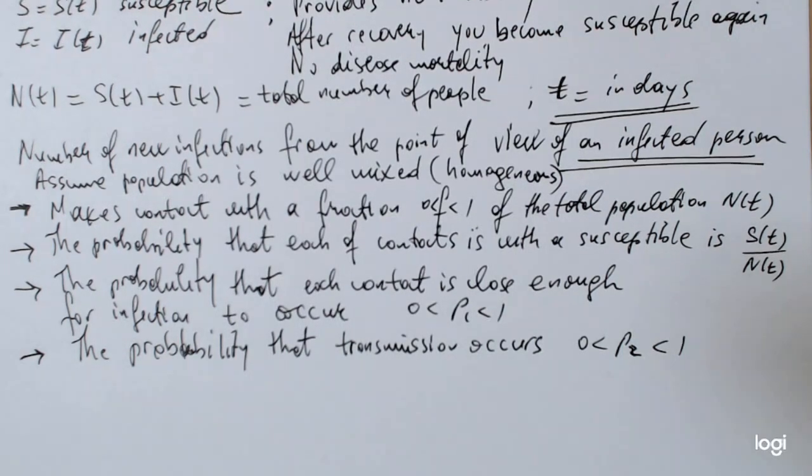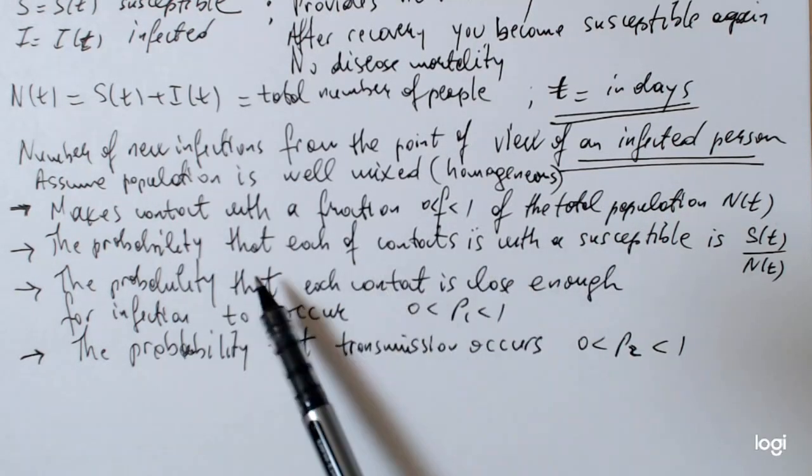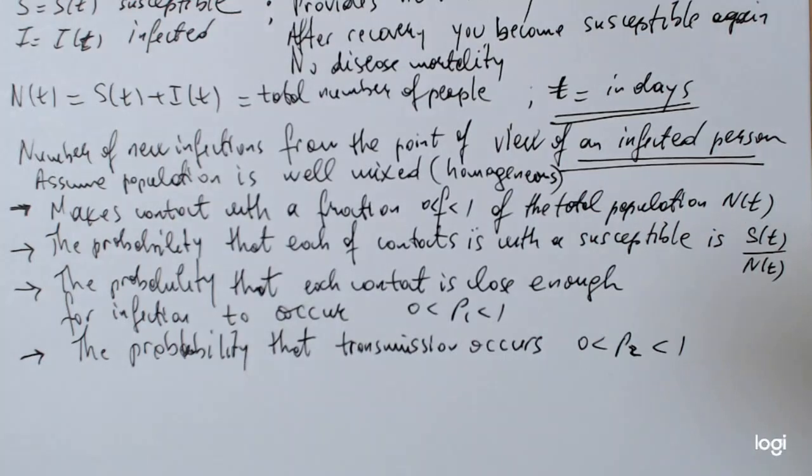Now, since we do theoretical modeling, we're not going to dwell too much on this, but it's important to understand that what these words mean in real life, close enough, depends completely on the context of the disease itself. For example, in a sexually transmitted disease, close enough obviously means sexual intercourse. In a respiratory disease, close enough could literally mean the distance between two people.